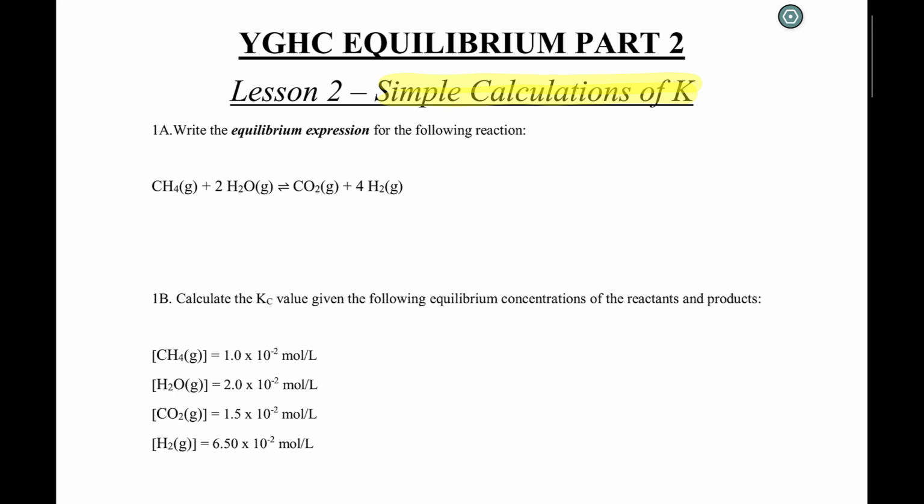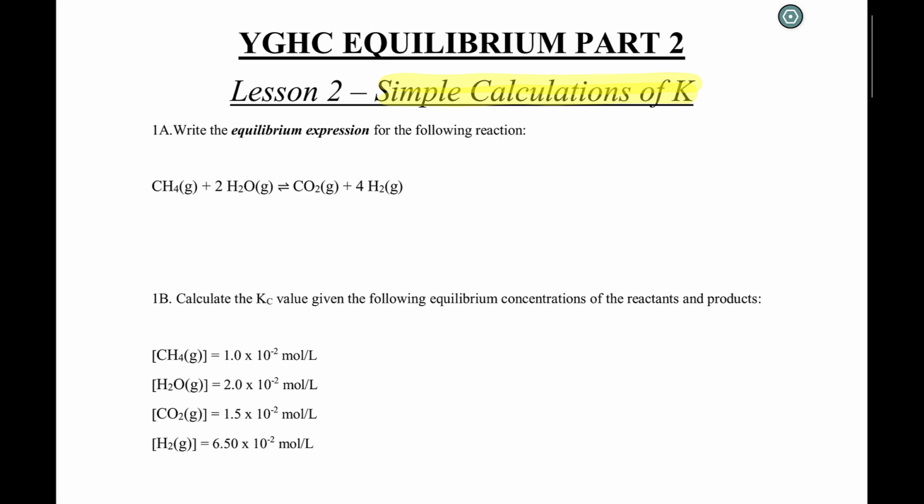And then we're also going to do ICE table problems, which give us concentrations either at the beginning before you reach equilibrium, or partially through, or at the end and at the beginning, and we have to figure out K values or concentrations. Those are much more difficult and will require their own lesson as well. So again, what we're doing is questions at equilibrium, not before equilibrium.